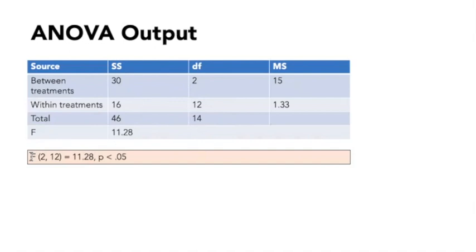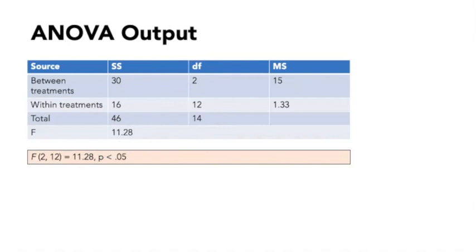So here's the interpretation. The F score between treatments, that is 2 degrees of freedom, comma 12 within treatments, equals 11.28, and this is statistically significant.